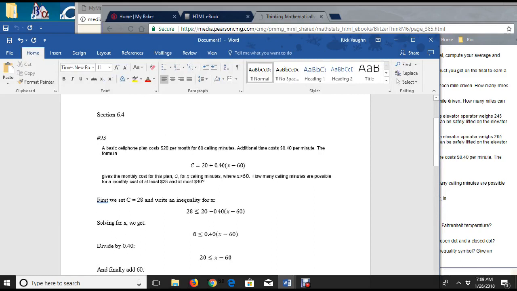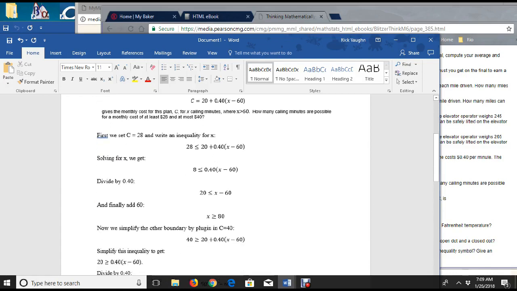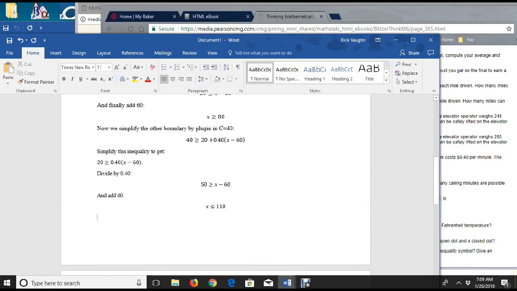Let's go all the way back up. How many calling minutes are possible for a monthly cost of at least 28 and at most $40? One can call between 80 minutes and 110 minutes. I'm including units.